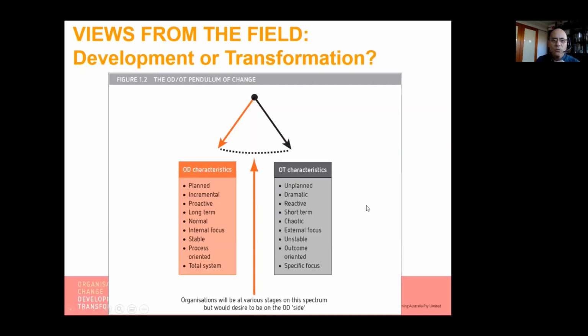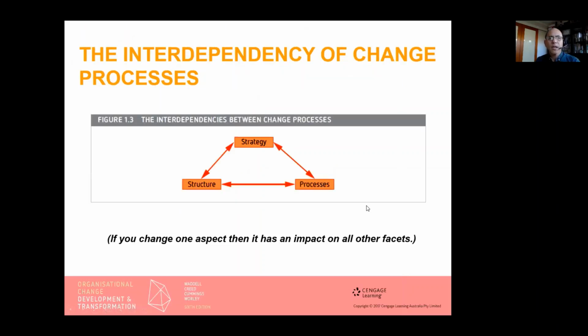Okay, let me just go on with that. Okay, so in any change process, we have to realize if we change one aspect of the organization, we often affect other aspects. So to give you an example, if we decide, okay, we're going to go online from now on, all the students have to go online to take their classes.